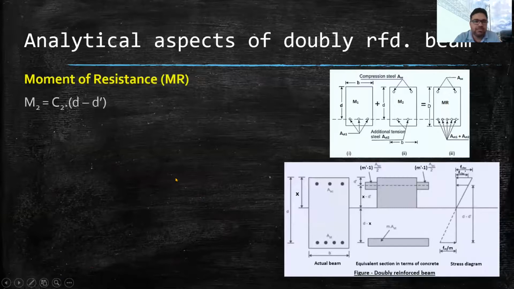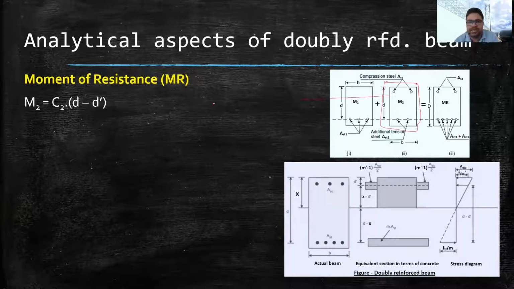Now M2 is C2. Now I'm elaborating this diagram here. There is compressive stress and there is tension stress. So I'm writing here this as AST2. Just focus on this model only, and this is actually ASC.